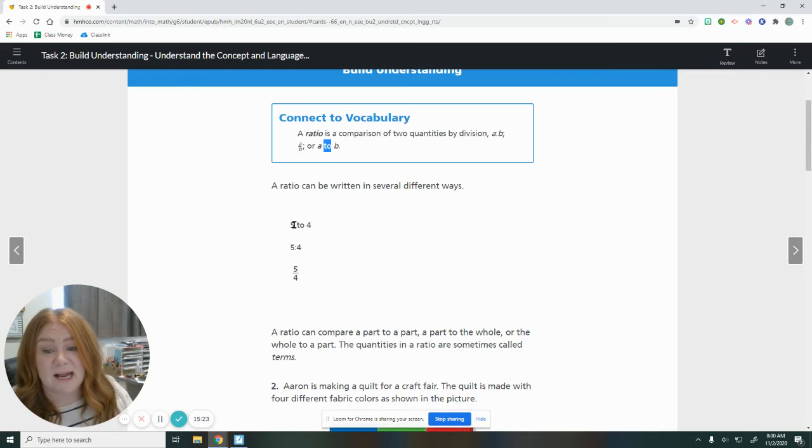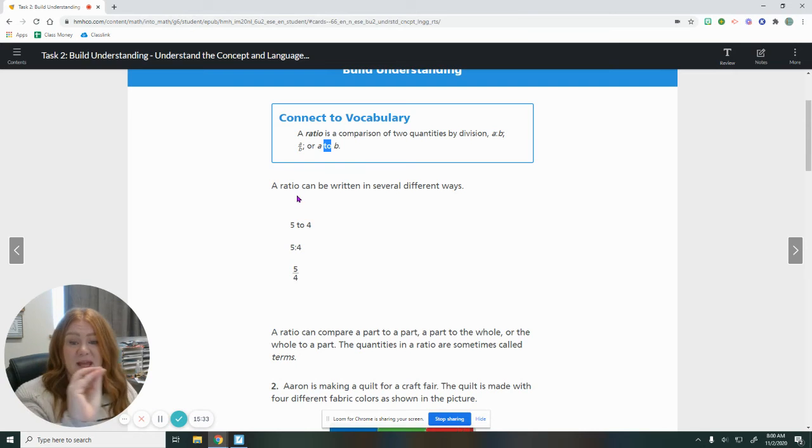But notice every time the 5 came first. If it said that there were 5 blue marbles and 4 green marbles, blue came first. So we want to always keep it in that same order so that people reading the problem will understand that.